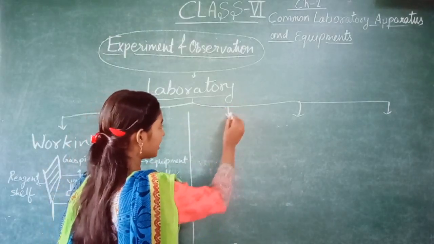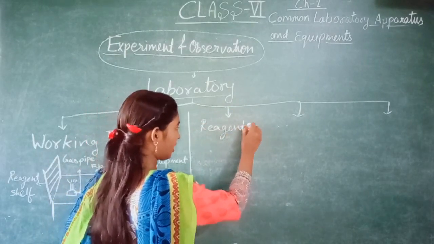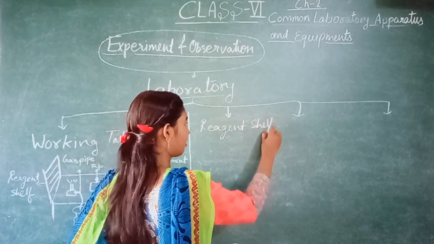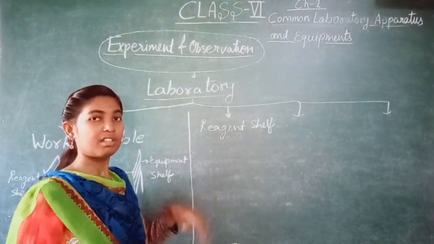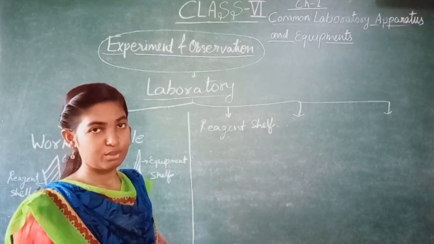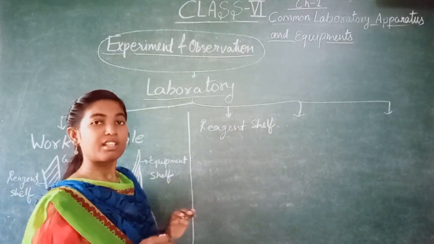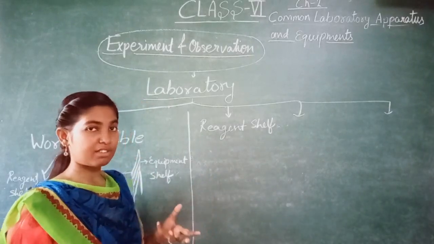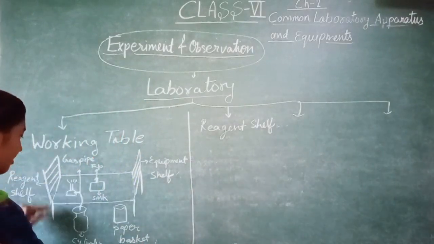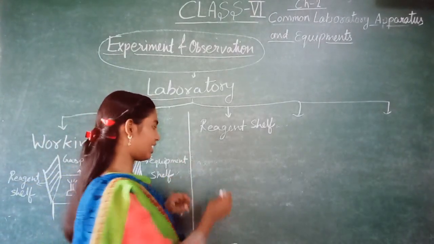Now second one is the reagent shelf. You have seen that it is not possible to keep all the things in the kitchen, right? So we are keeping some away. So here also in our lab, some chemicals are not necessarily present in this rack. So we have another rack, that is the reagent shelf.